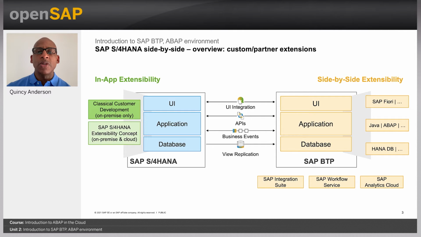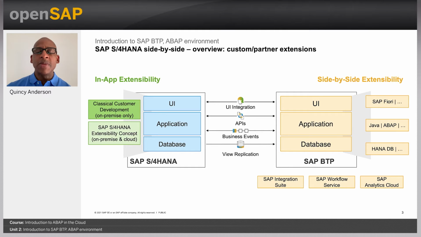Several tools, services, and runtimes can be utilized, such as SAP HANA for building the database logic, BTP ABAP environment, utilizing the ABAP RESTful programming model for building the application logic, and Business Application Studio for building the UI logic. So since BTP ABAP environment is necessary to implement side-by-side extensions, let's take a deeper look at it now.